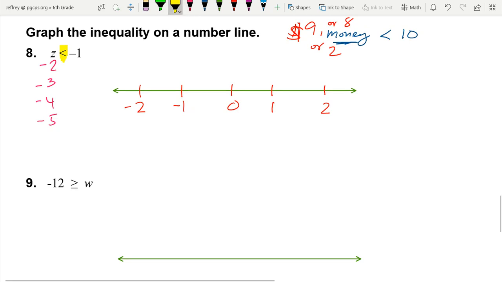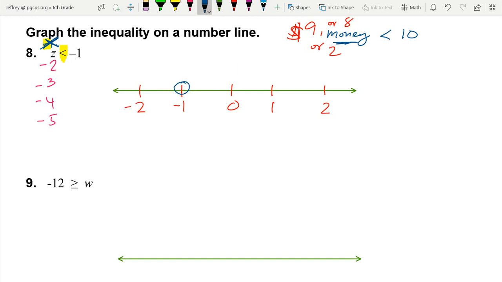Now, if I say is -1 less than -1, no, -1 is not less than -1. So that means -1 is not part of your solution. So when we graph this, that means -1 is not part of your solution. So it's an open circle.